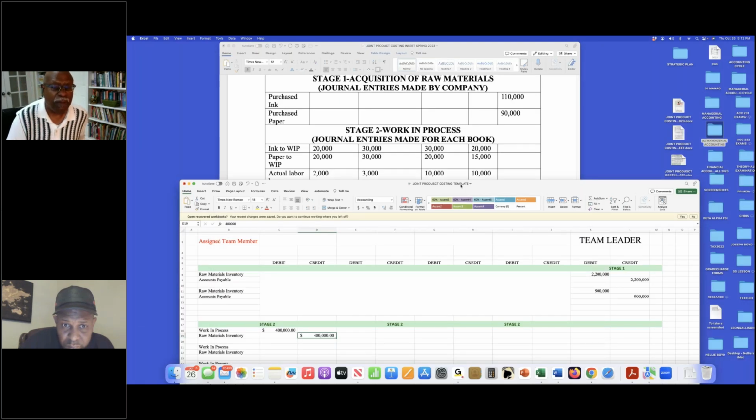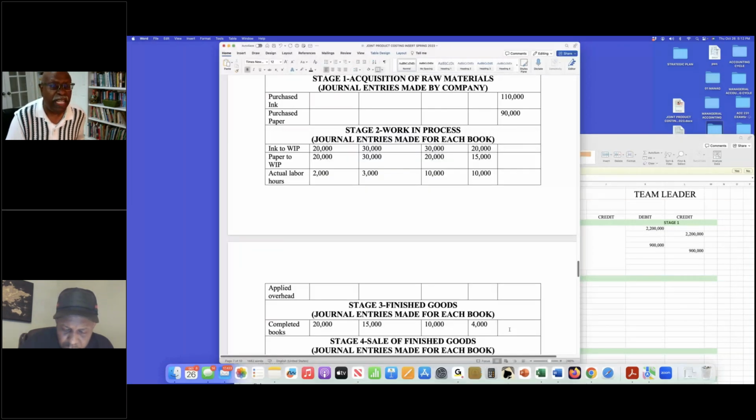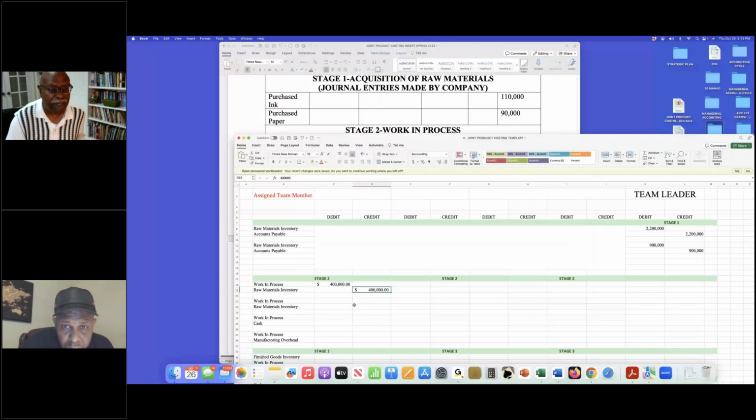I put the first one in here for you for principles. 20,000 ink cartridges were going into principles. So I made a journal entry already here, debiting work in process, crediting ink for 20,000. Any questions?